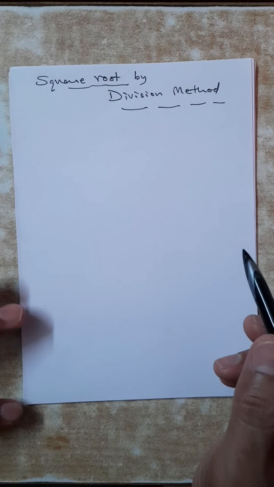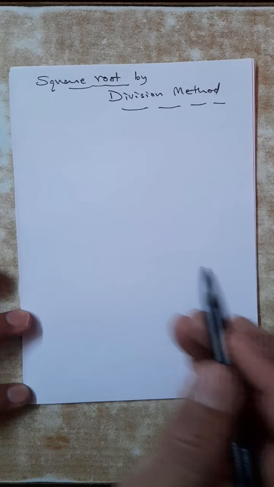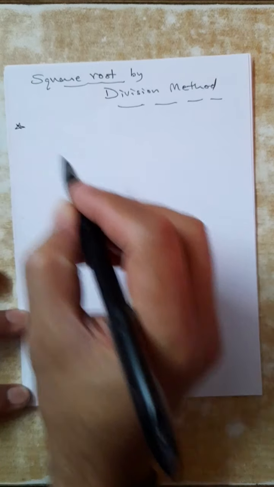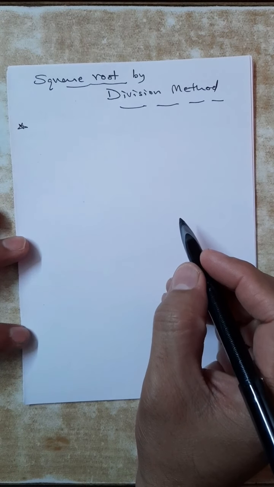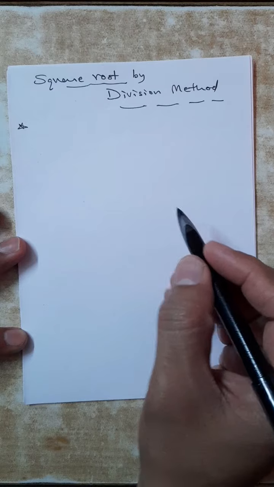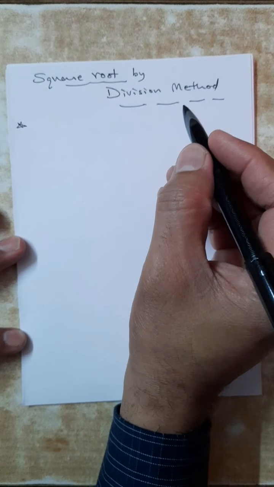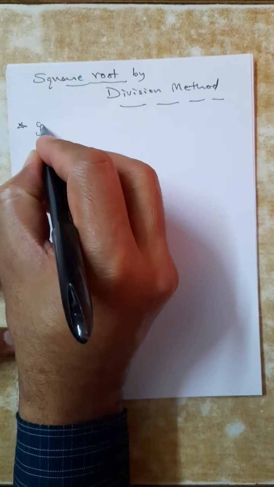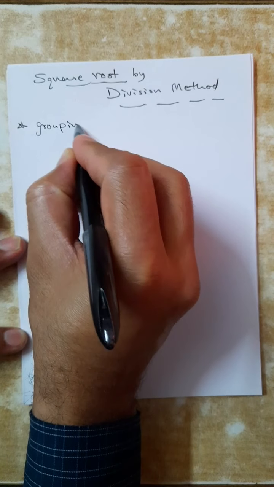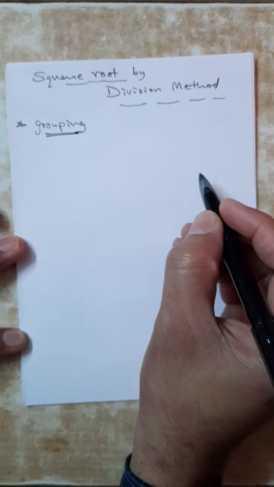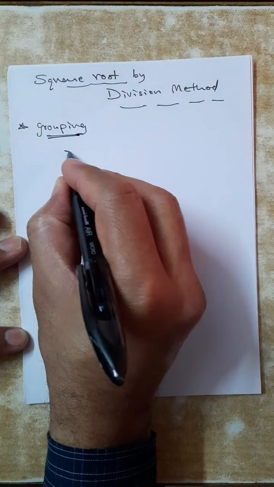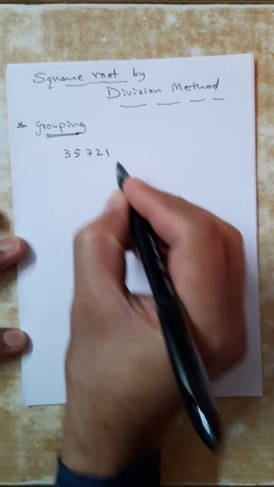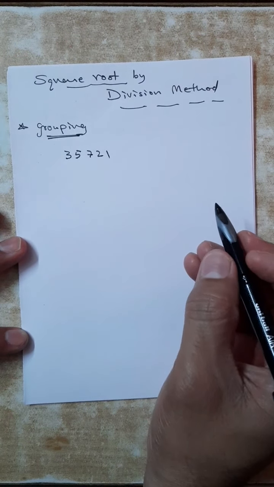In order to find the square root by division method, the first thing to remember is how to do grouping. Something needed for a division method is grouping. Grouping a number. Suppose a question is given.